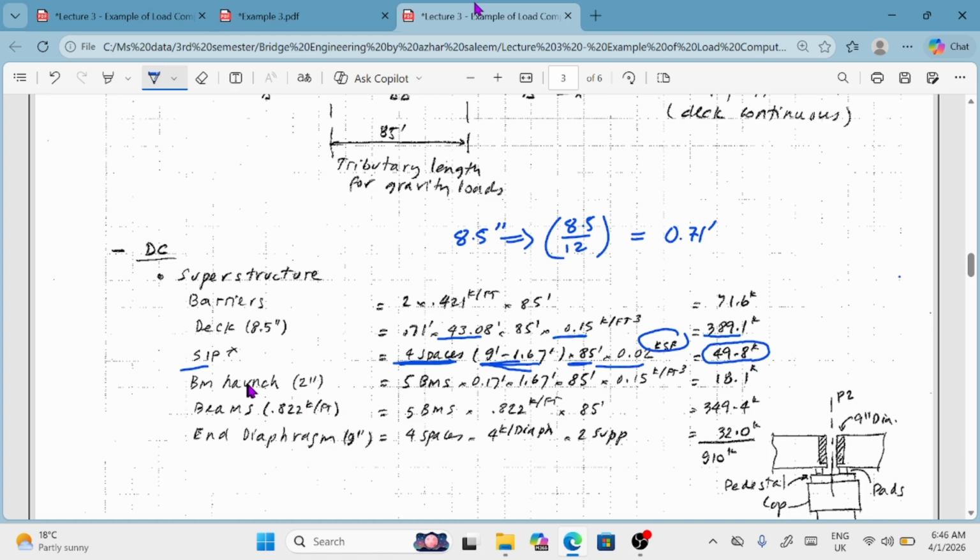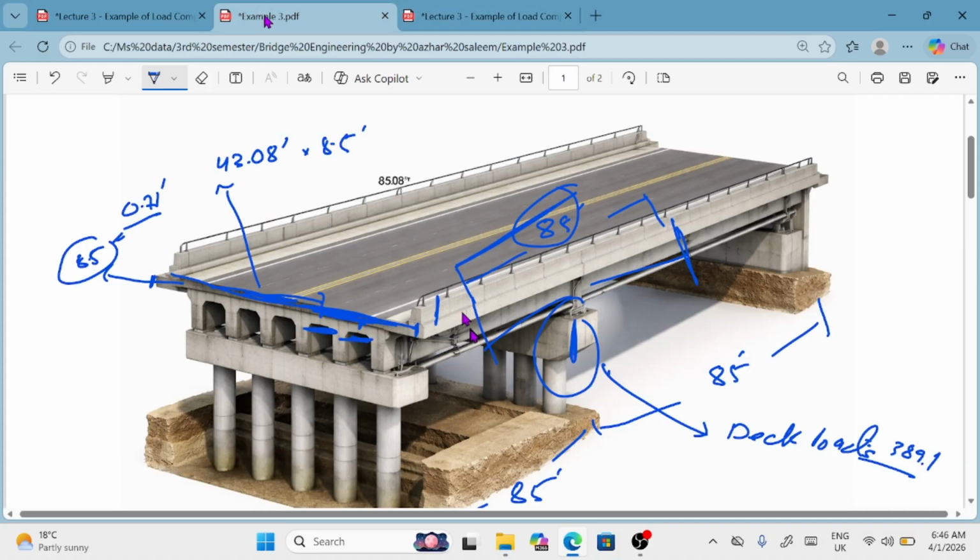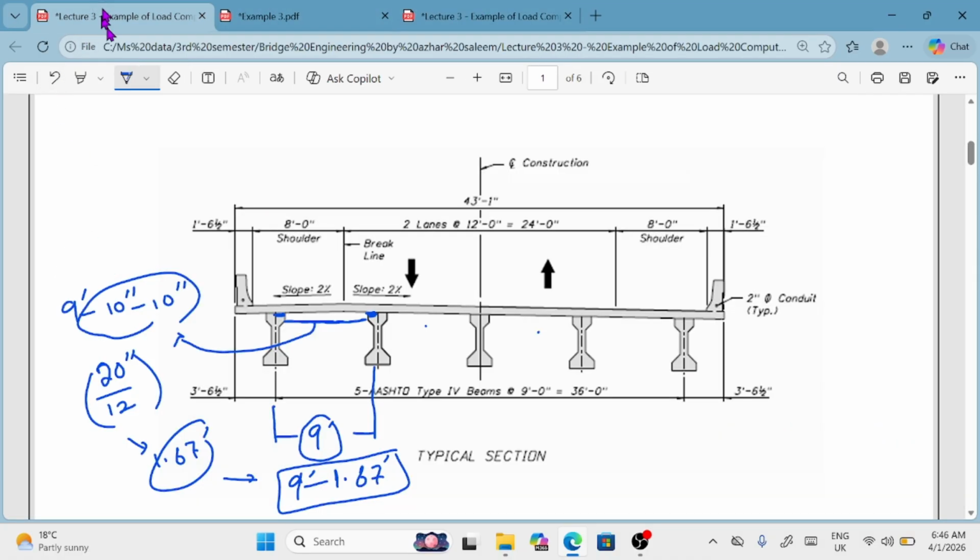After the stay in place formwork, there is a beam haunch which is at the top of the beam and bottom of the deck. So this beam haunch will be throughout. It is not shown here, but there will be a beam haunch here, and it will continue in the whole bridge.